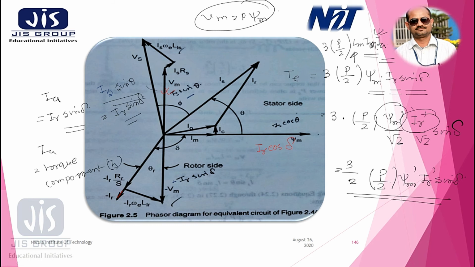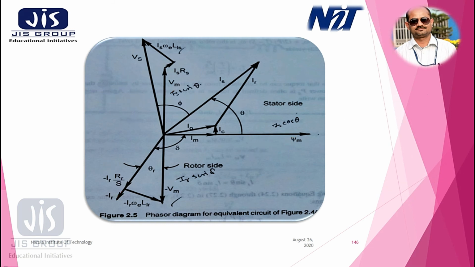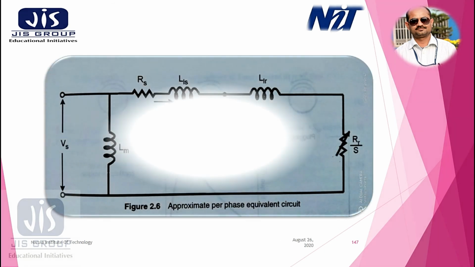So from here we can approximate easily that for an integral horsepower machine, the approximate equivalent circuit will be this.